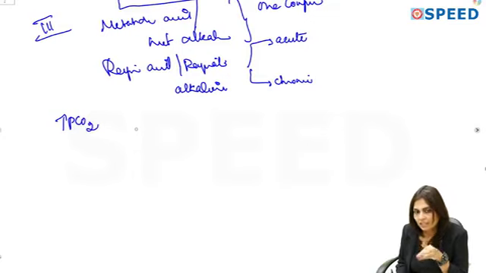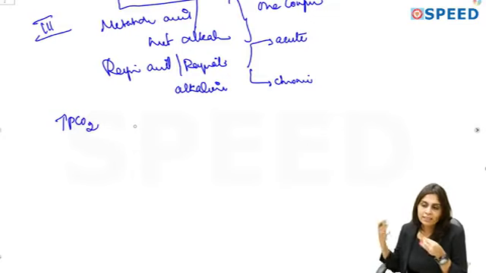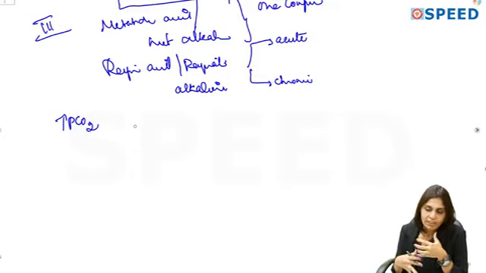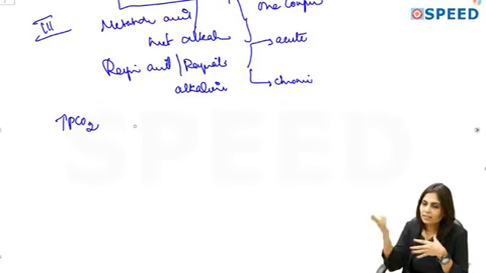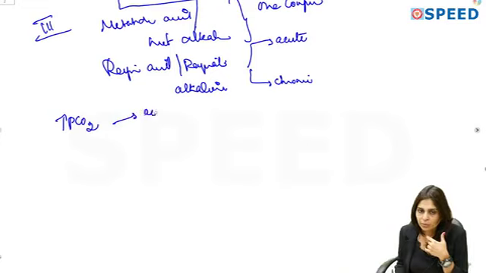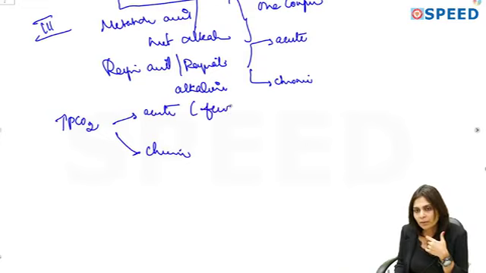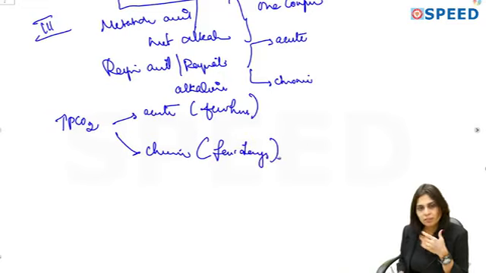Later kidneys come to the rescue, wherein they start reclaiming more and more bicarbonate. So there will be an acute compensation stage followed by a chronic compensation stage. Acute compensation happens in a matter of few hours, whereas chronic compensation happens in a matter of few days. Similarly, if there is a decrease in PCO2, again there will be acute and chronic compensation.